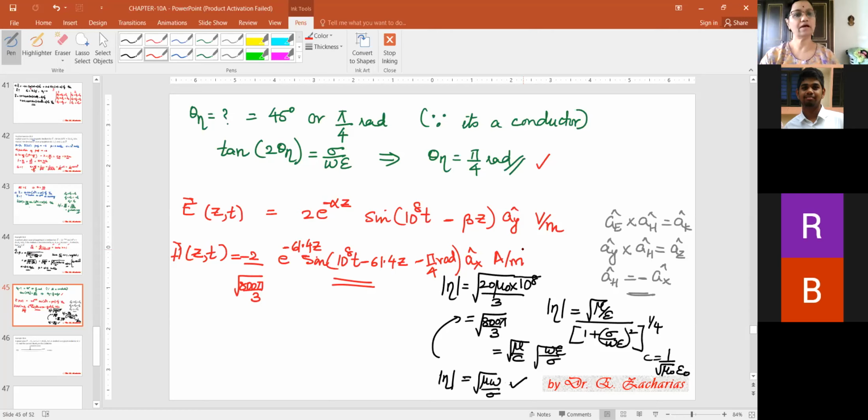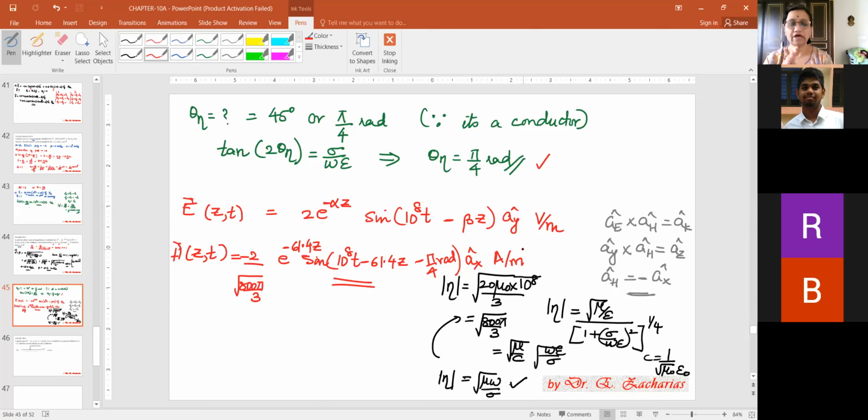And if you have seen, I have not done any problem for free space. Why? Because free space is a special case of lossless. So no theta, eta, mu naught, epsilon naught.